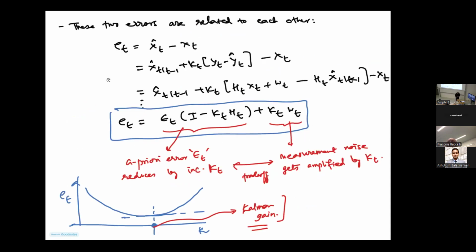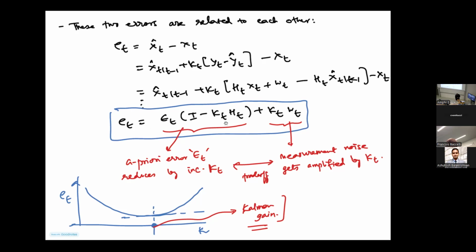Now, these two errors, the a posteriori error and the a priori error, are actually related to each other. How are they related? They are related through the Kalman gain, which is K, or the gain of correction.